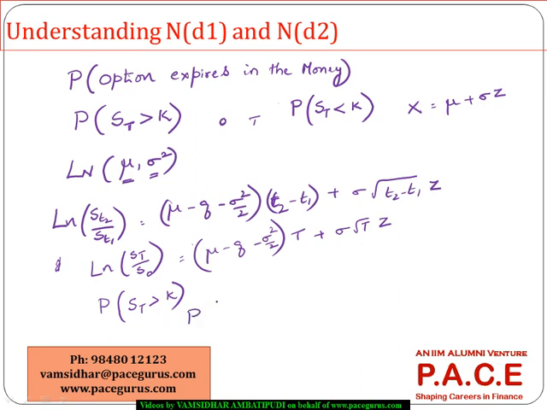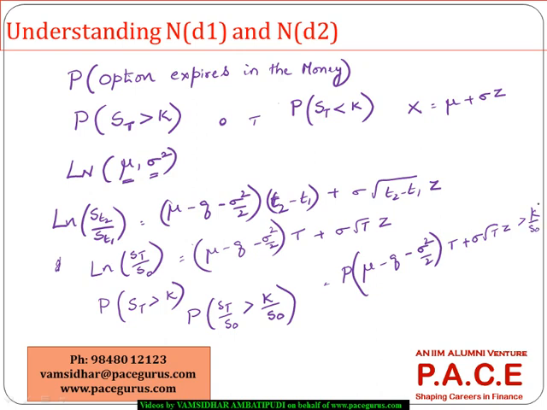So what I can write is the probability that st by s0 is greater than k by s0, dividing both sides by s0. I'll write it as the probability of mu minus q minus sigma squared by 2 times t plus sigma root t times z greater than k by s0.